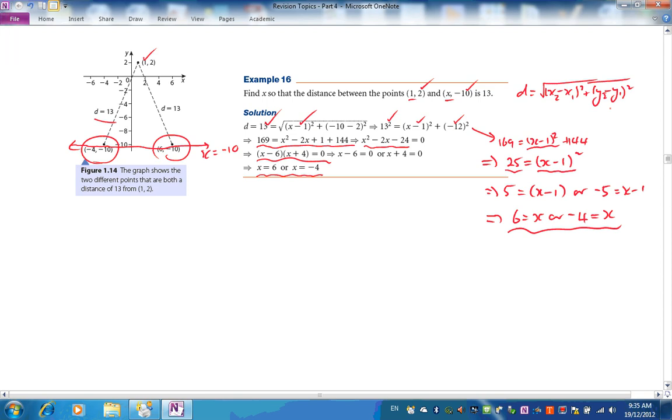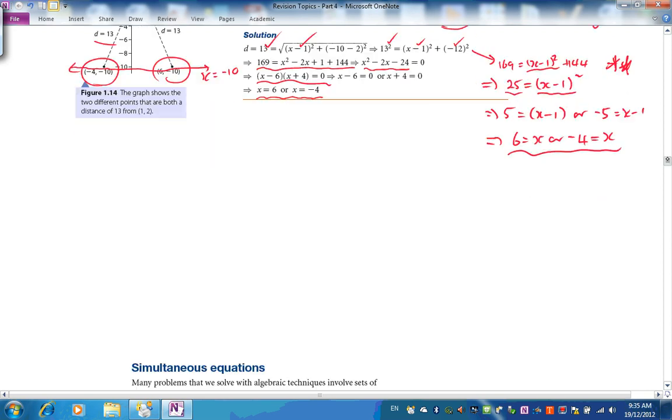You don't have to worry about whether it's a rational root or not. So you might keep this method in mind as a way of solving that problem. Okay, so that's a variation where you are not given the full 2 points to work with. You're given the length and you have to work back to find one of the points.